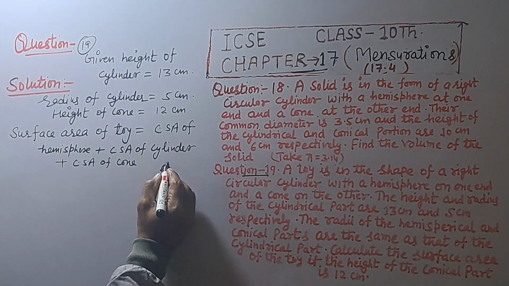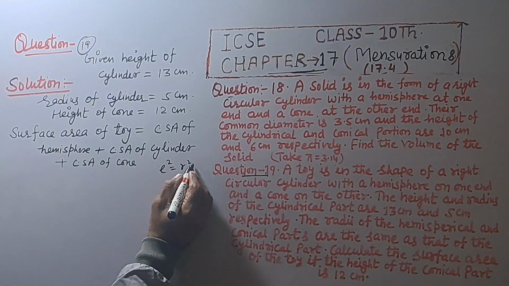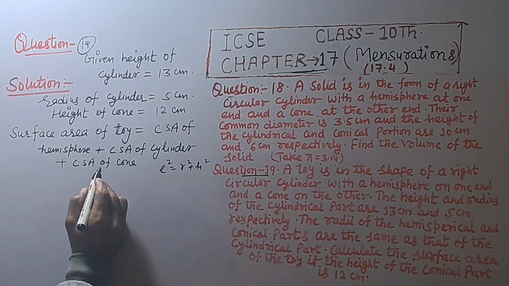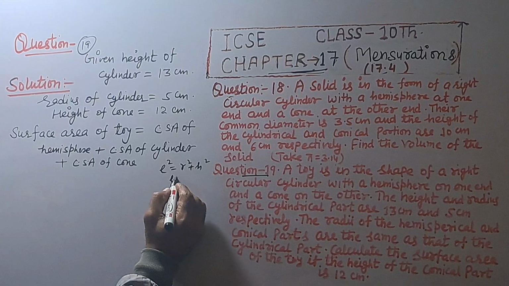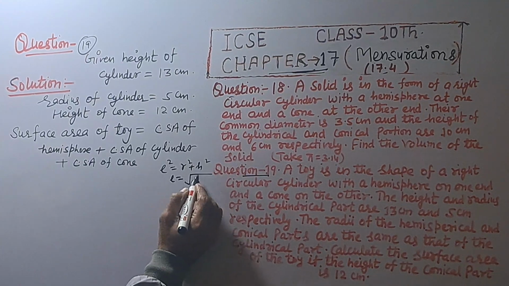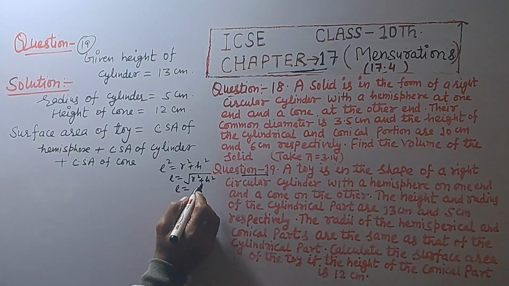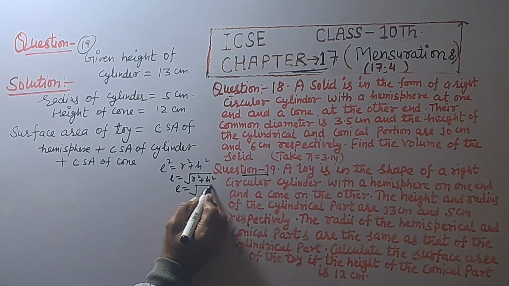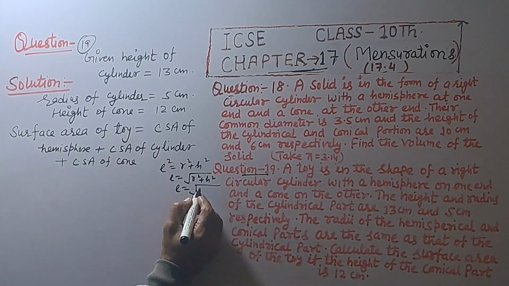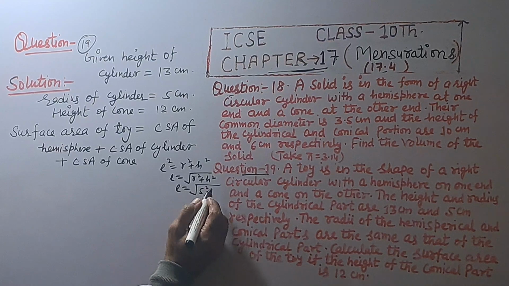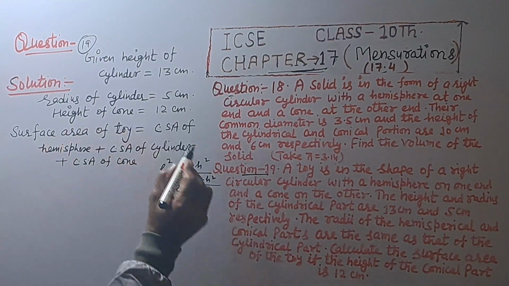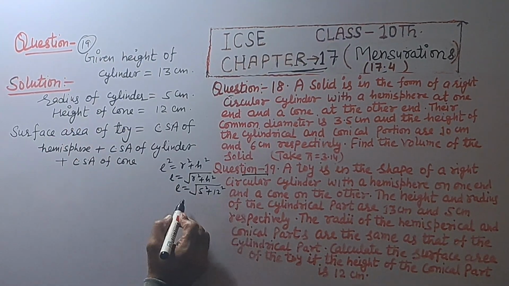First we find L square is equal to R square plus H square. First of all we find the slant height of the cone, that is root R square plus H square. L is equal to root of radius 5 square plus height 12 square.